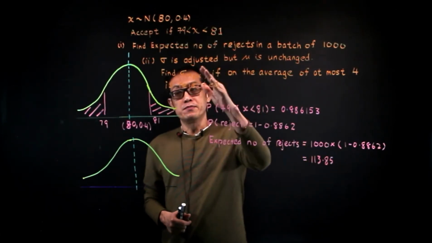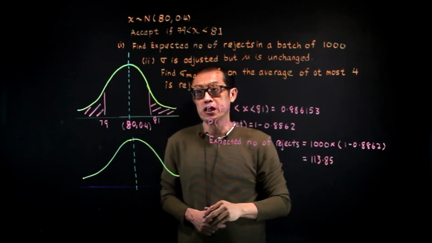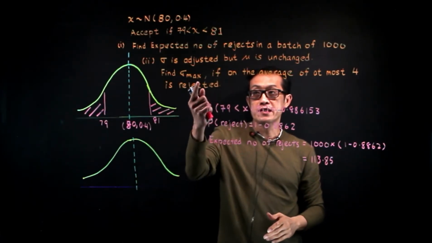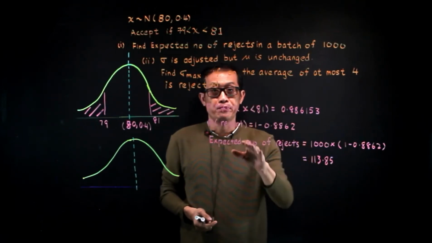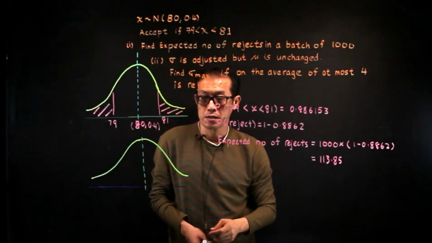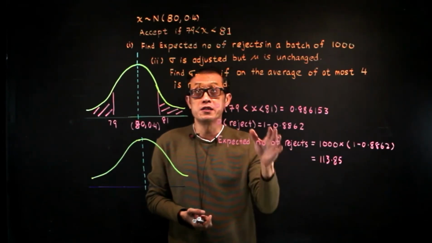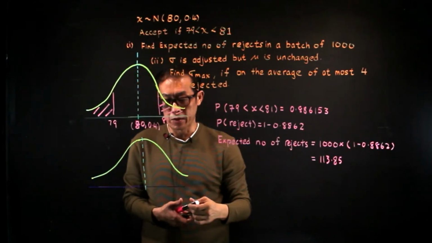Now sigma is being adjusted, but mu is unchanged. You are asked to find sigma max if on the average at most 4 is rejected. Now the criteria of rejection is still unchanged. It's still between 79 and 81.